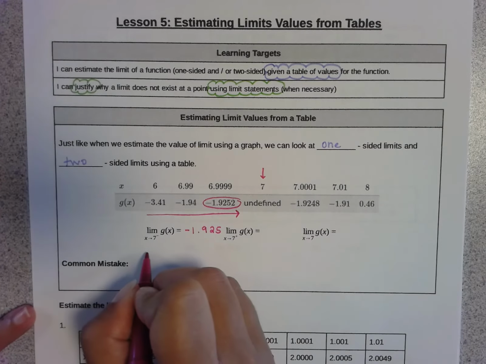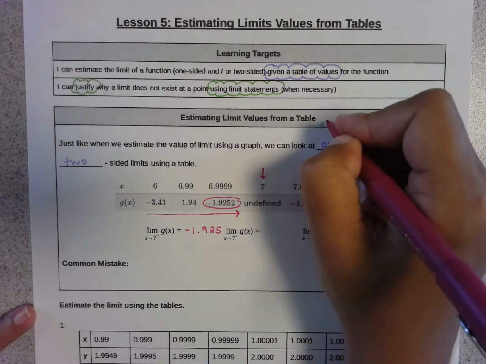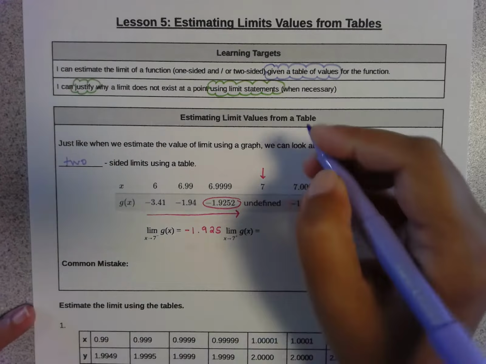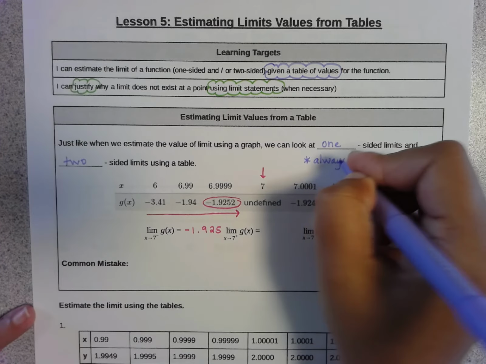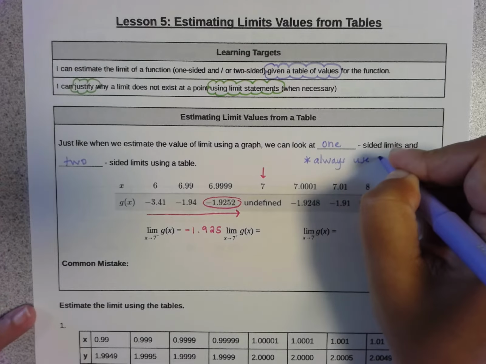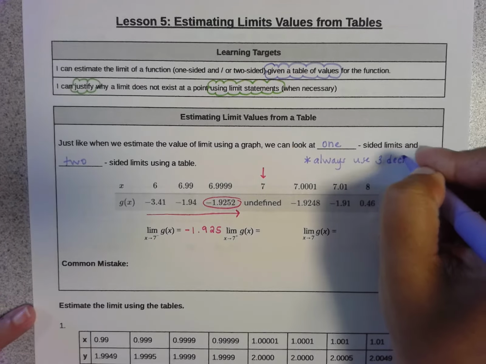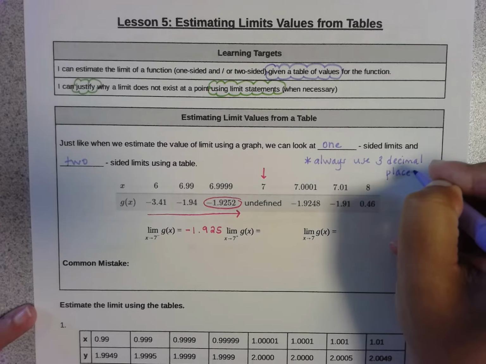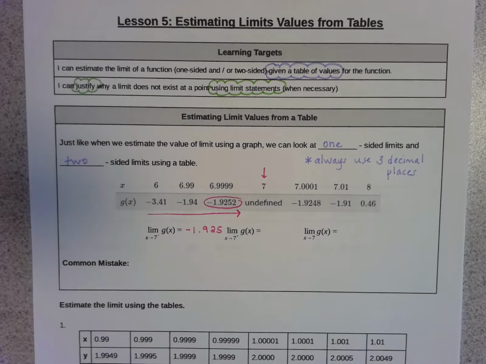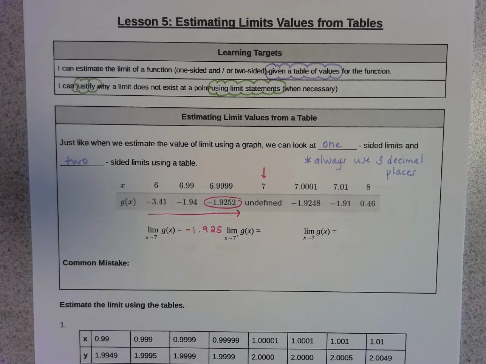Now I should note here that we're always going to use 3 decimal places. In calculus in general, you are required to always use 3 decimal places when rounding. And you don't actually have to round, you just have to truncate, so stop after 3 numbers.